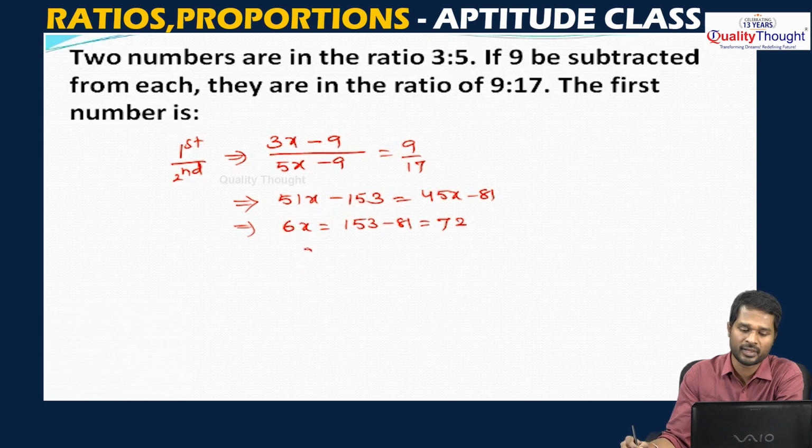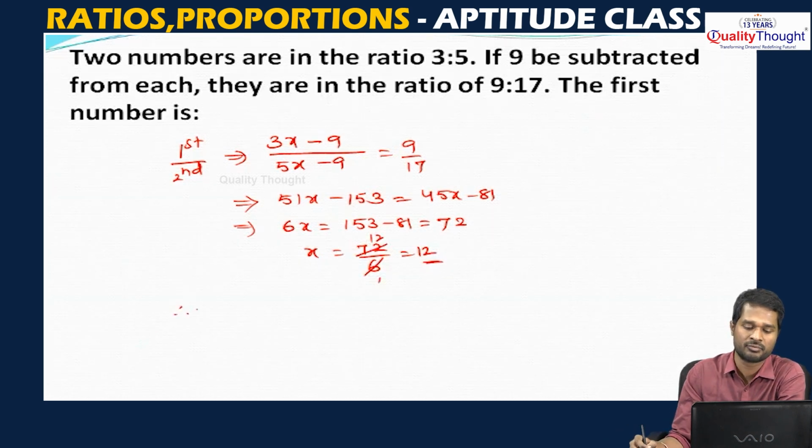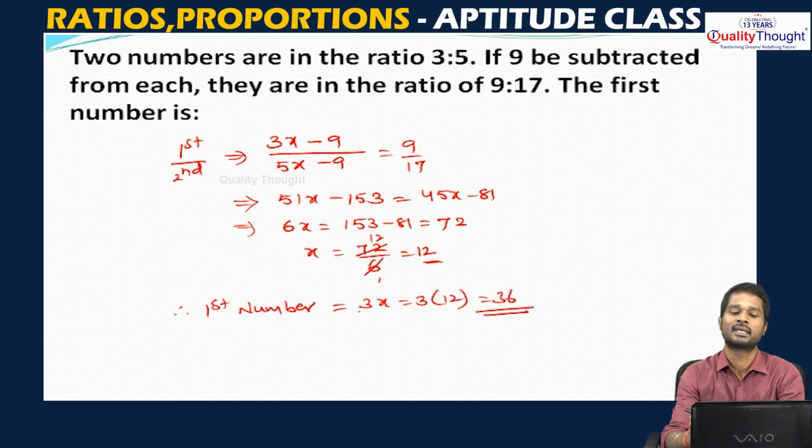So, the value of x is equal to 72 by 6, which is 12. Now, what is the question? What is the first number? We need to tell this number before 9 is subtracted. The first number is 3x. So 3 into 12, that is 36. So the first number is 36.